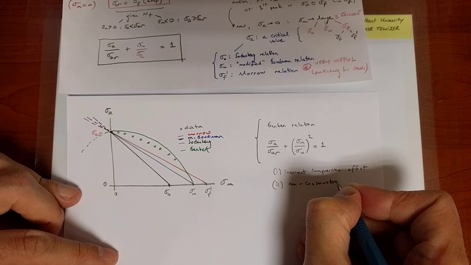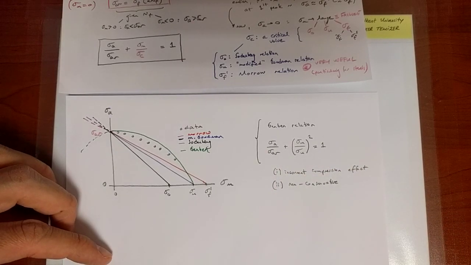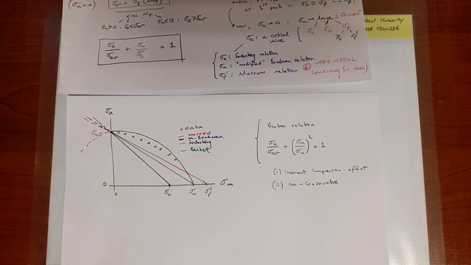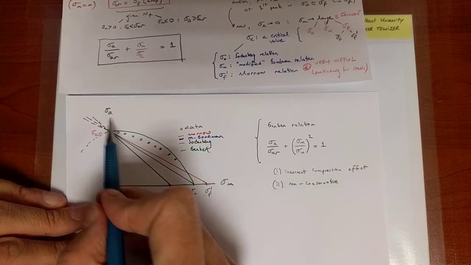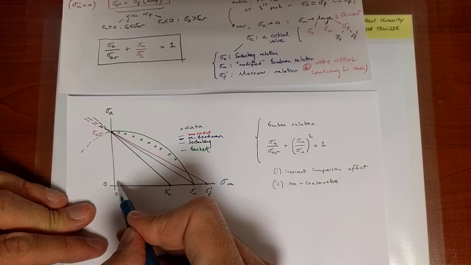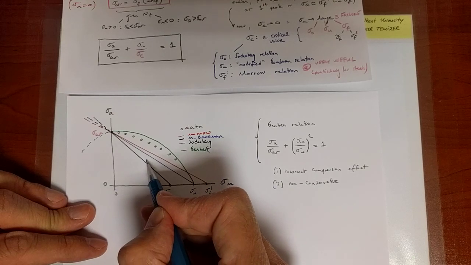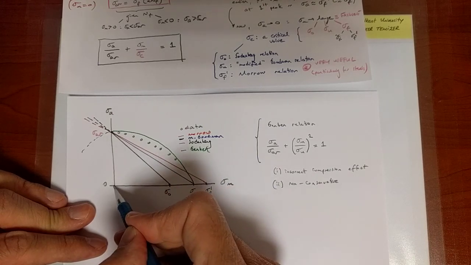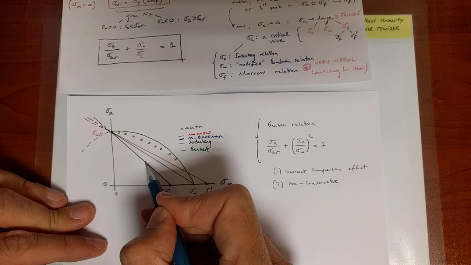Well, remember, there's always the concept of a safety factor. I'm going to increase sigma a and sigma m, let's say, proportionally from 0, and I'm looking at when failure occurs. So as I move along, the model that predicts failure first is the most conservative one.